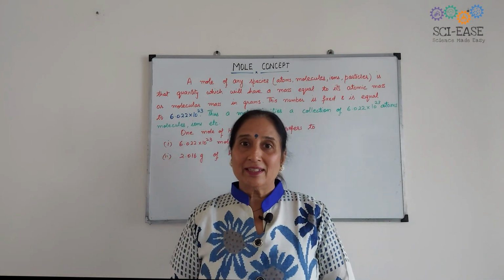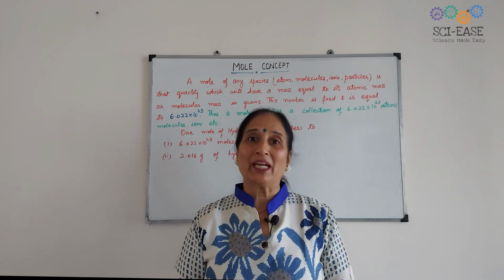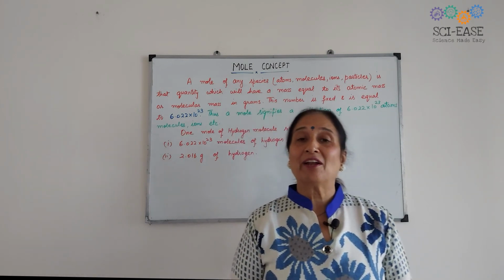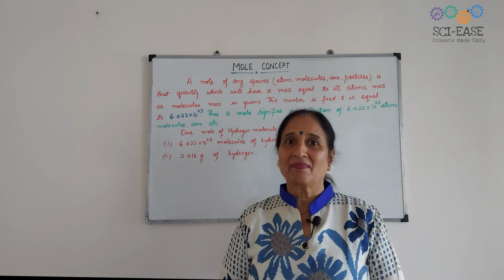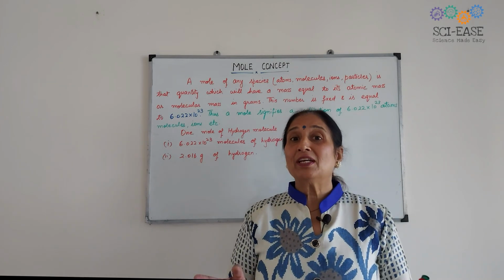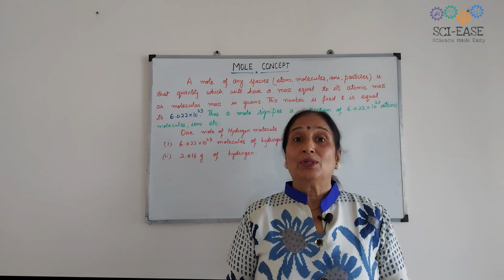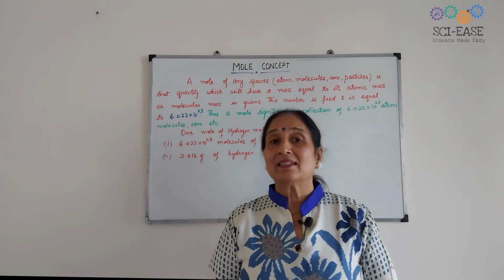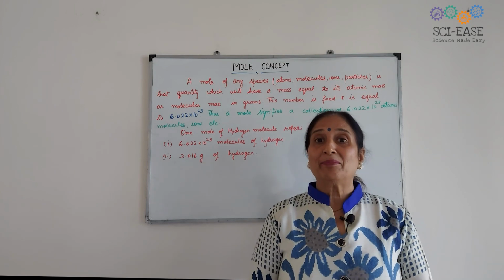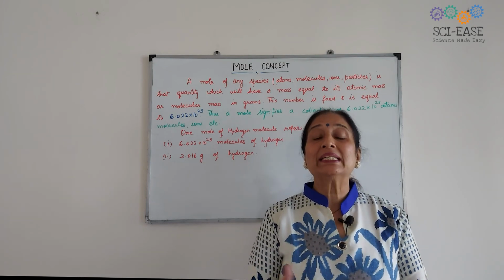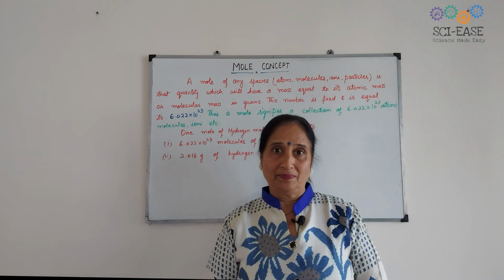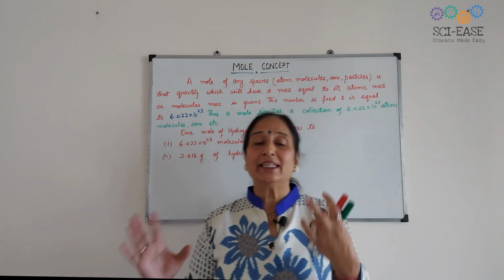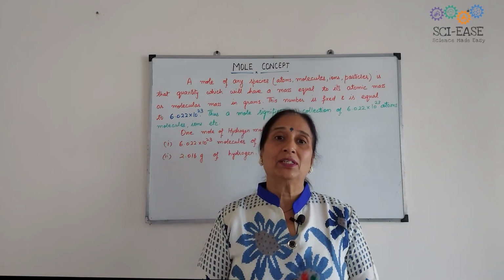We go to the market for shopping of vegetables and fruits. When we go to some supermarket and ask them to give us 1 kg potato or 1 kg onion, what will they do?